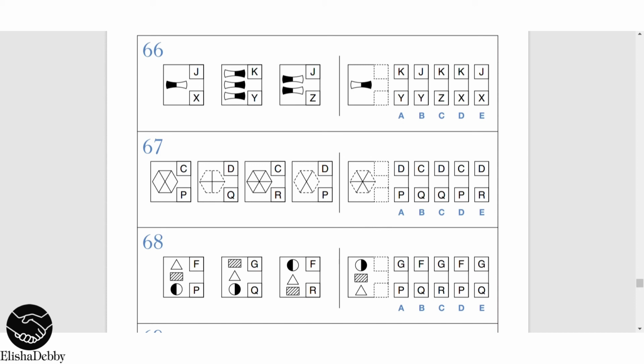So when you choose a common element between two squares of shapes, for example between this and this, if you choose what is common between this shape here and this shape here, then you're able to know what each letter represents.